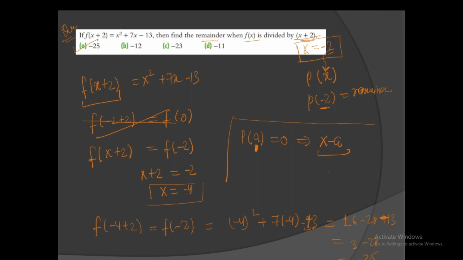So we are putting a over here, we are putting a over here, but if we will directly put minus 2, so it will be f of 0. F of 0 is not the same as f of minus 2. So we need to find out such value of x such that putting it over here we get f of minus 2. I hope I have explained it nicely.